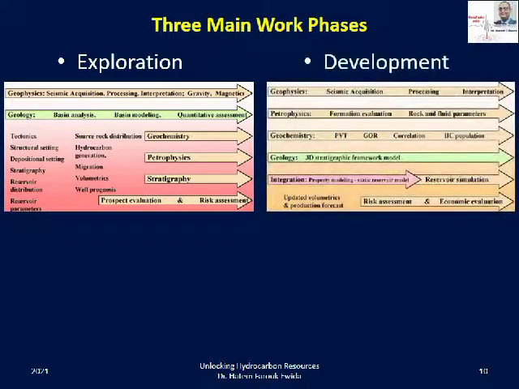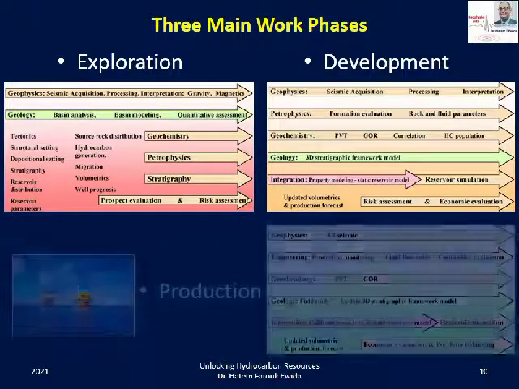In the development phase, we still have the geology, we still have the geophysics, we will have a bigger role for petrophysics and geochemistry, and then we can build a 3D stratigraphic framework model, and then we integrate all of this data and do reservoir simulation and so on.